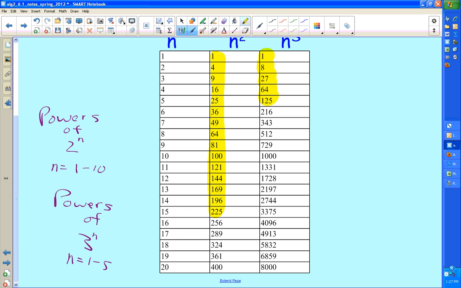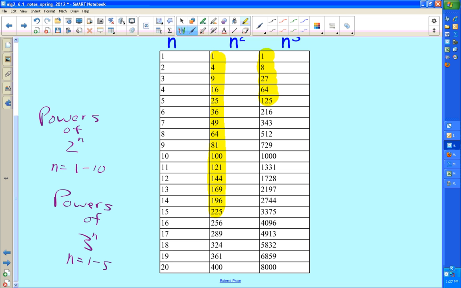Why are they good to know? Because the book, the teachers, the test makers, we don't really want to work with big numbers. It's hard to work with 7 to the 5th power. The numbers get huge. These ones don't. This is powers of 2, 2 to the first, 2 to the second.